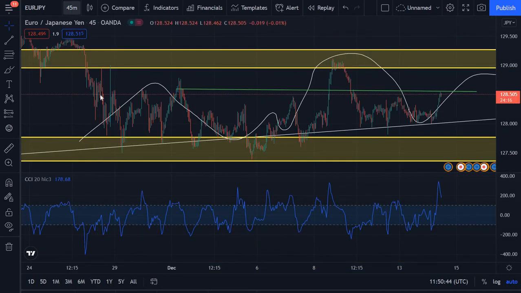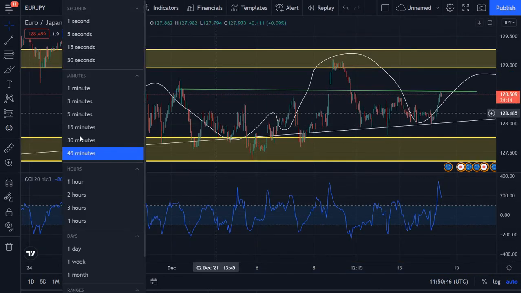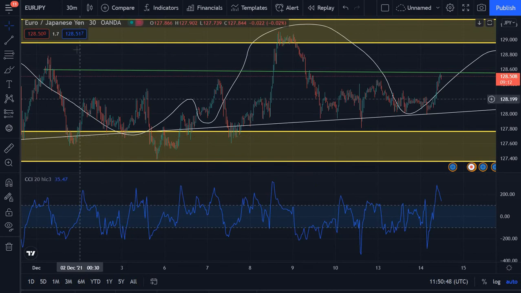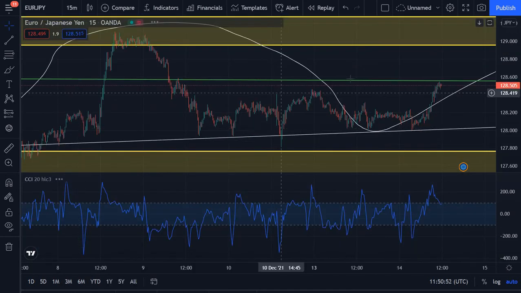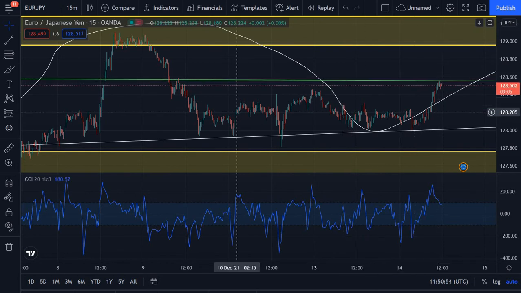Let's check the 15. Well, not much movement here. 30-minute, 15. So here we could possibly see a move higher.